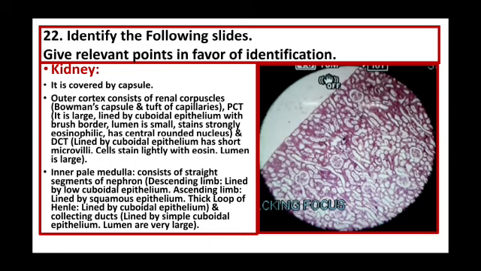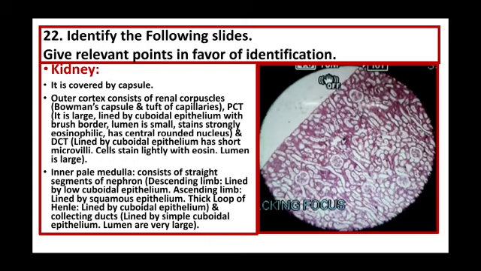Apart from this, the proximal convoluted tubule, which is large, lined by cuboidal epithelium with brush border. The lumen is small. This proximal convoluted tubule stains strongly with eosinophilic stain. It has a central rounded nucleus.